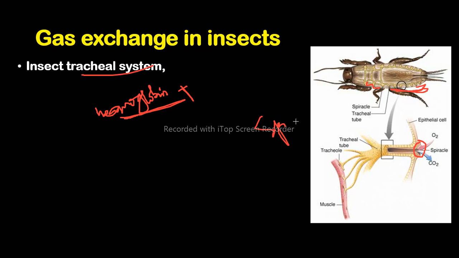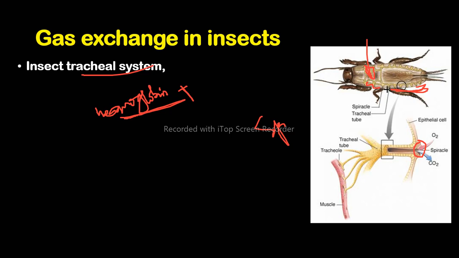Now it is these openings that allow entry and exit of respiratory gases in insects. Gas exchange doesn't take place across the entire skin, across the entire body. Why?